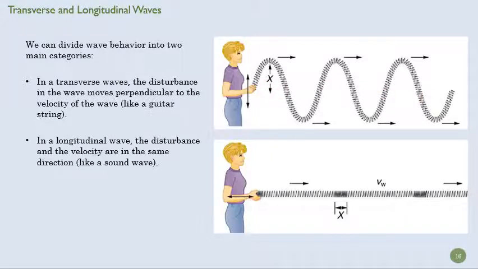And then we also have a longitudinal wave, and this is what happens when we have sound. You get a compression here, and that compression travels from left to right. But that means that the displacement is also in the left or right direction. So here the displacement and velocity are perpendicular. Here displacement and velocity are parallel.